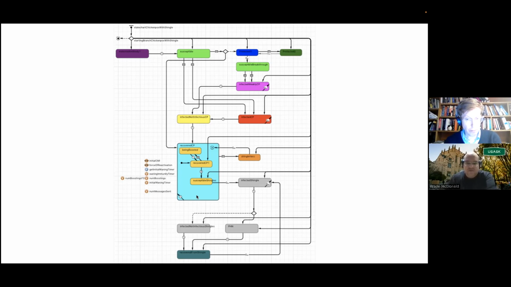Once they recover from chickenpox, this portion of the state chart represents the boosting of immunity effect due to possible exposure to other people with chickenpox. A shingles vaccination was implemented, although not used in the end in any of our scientific questions that we addressed with the model.